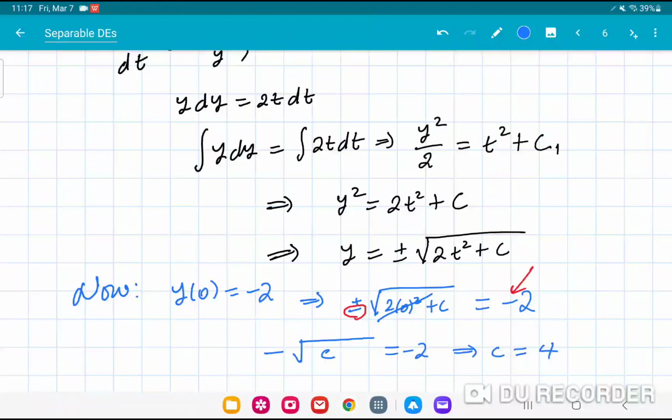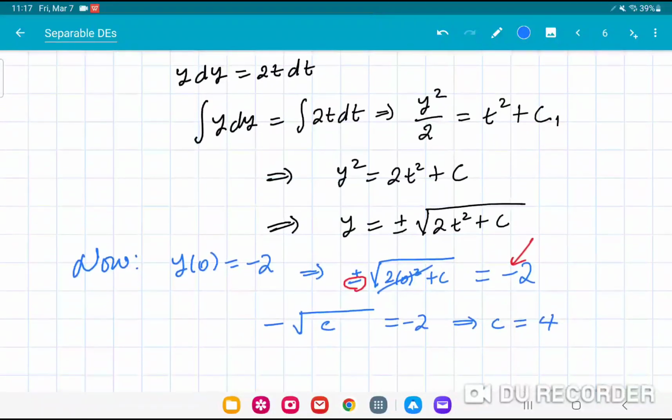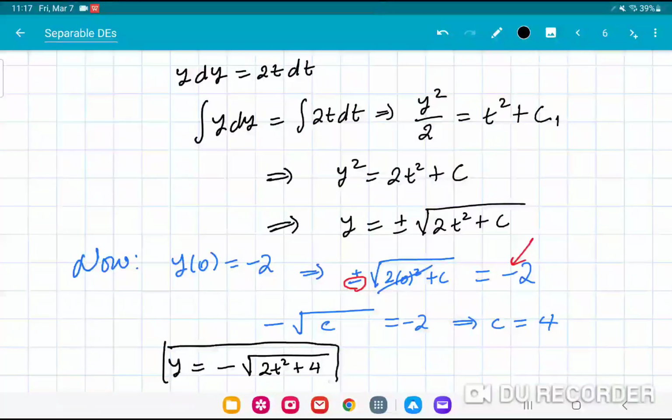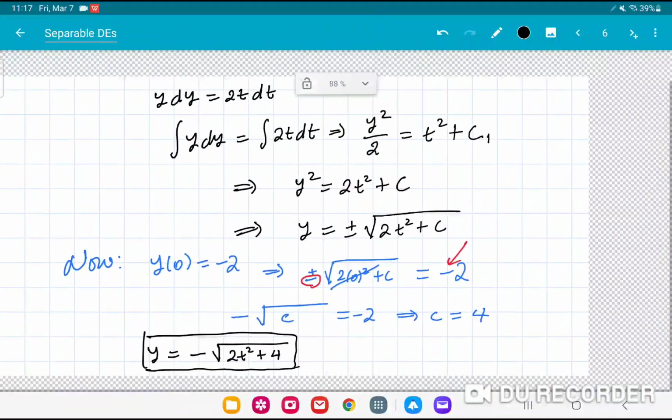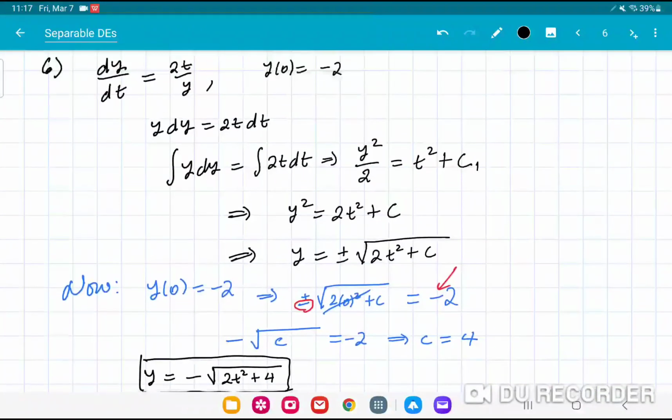Cancel the minuses and square. So the solution now is y equals minus the square root of 2t squared plus 4. And that is my solution to this initial value problem.